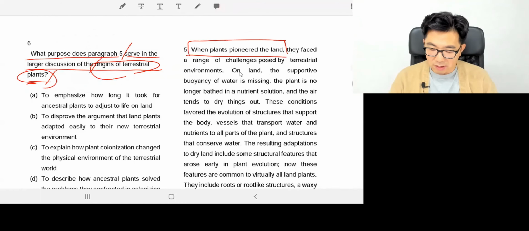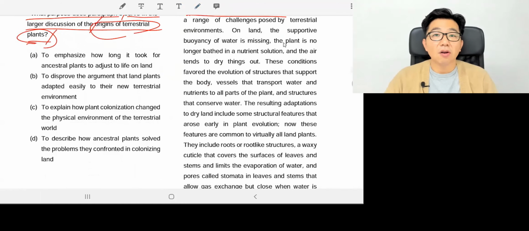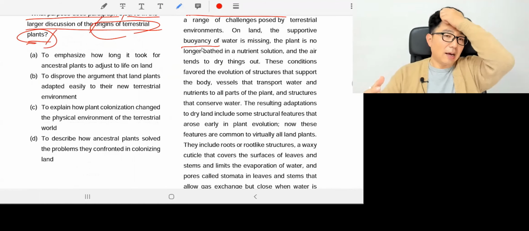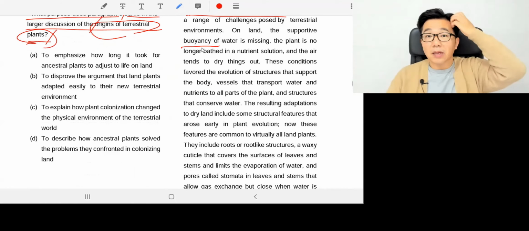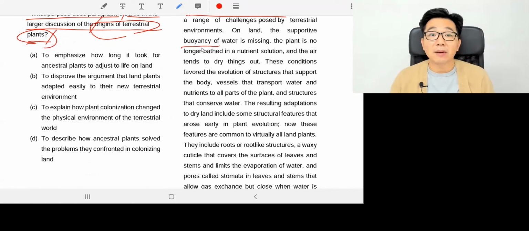Okay, good detail. What challenges? On land, the supportive buoyancy of water is missing.